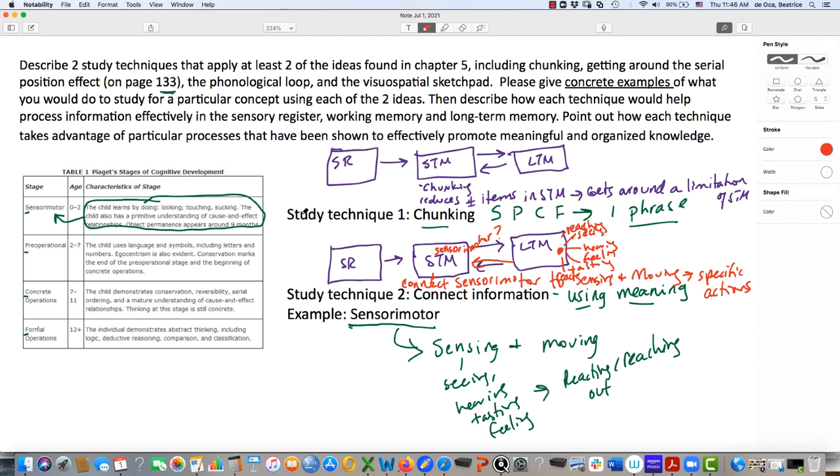Each technique is helpful because it helps to work with the three-stage memory model and kind of help us process information in a way that promotes good storage. And chunking overcomes the limitation of the limit to the number of items we can hold in short-term memory at any given time. And then the idea of connecting information helps with retrieval, because once we retrieve the one concept, we're going to be able to retrieve all the other ideas that are linked to it.